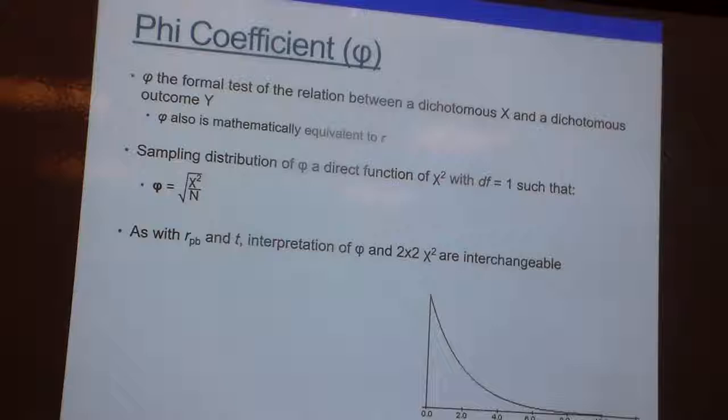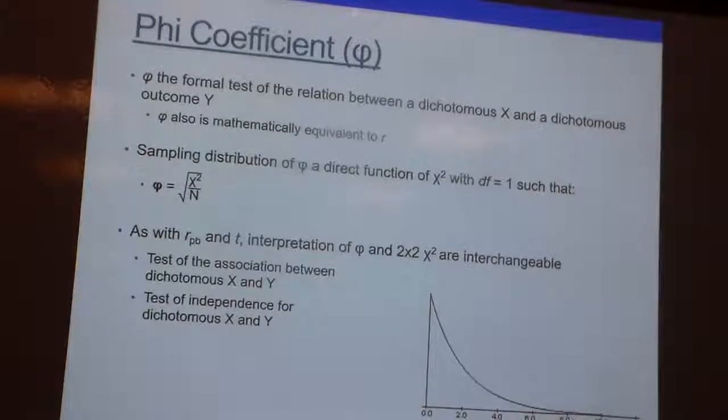They're the same thing, right? So if I get a Phi coefficient of 0.3, I can use this formula to translate that into a chi-square and back and forth and test the statistical significance based on a chi-square with 1 degree of freedom. Okay? Everything that we just talked about in terms of point biserial is exactly the same thing with Phi and chi-square.